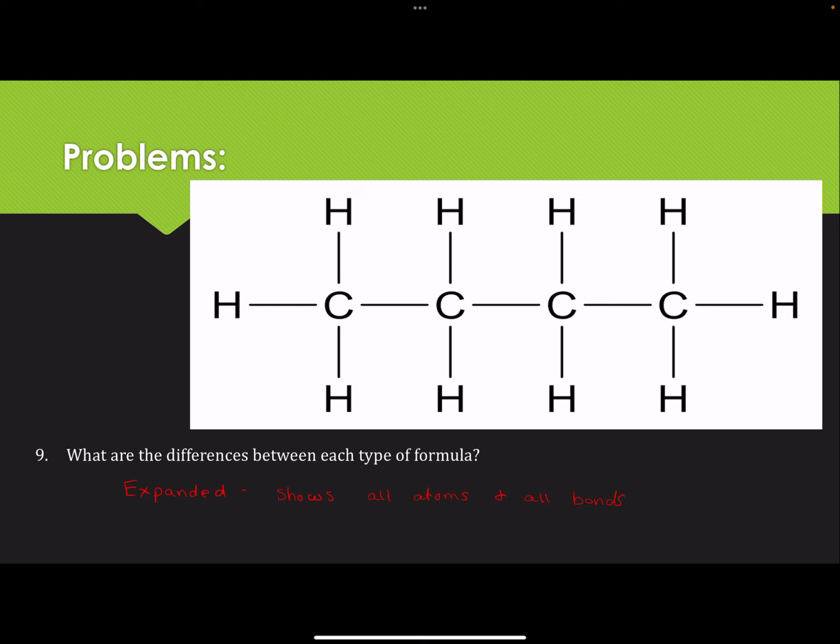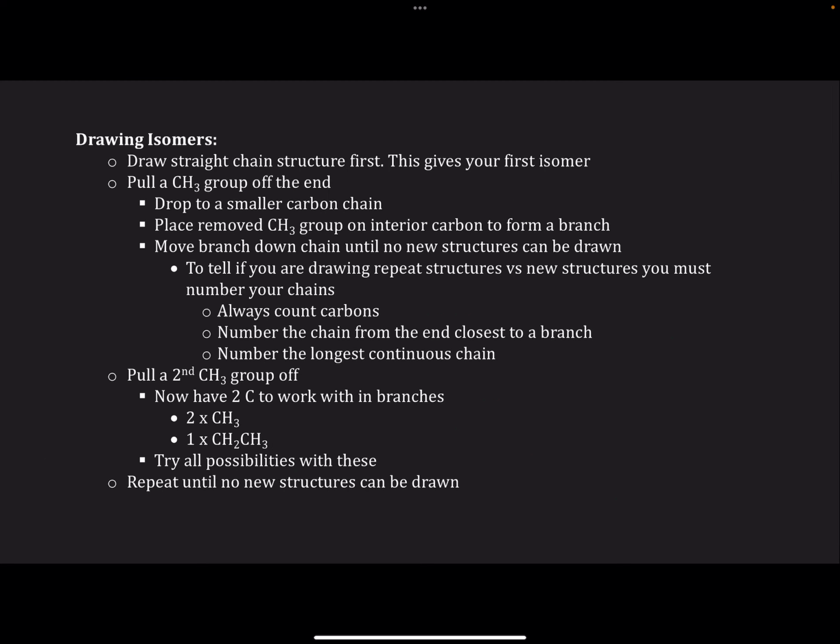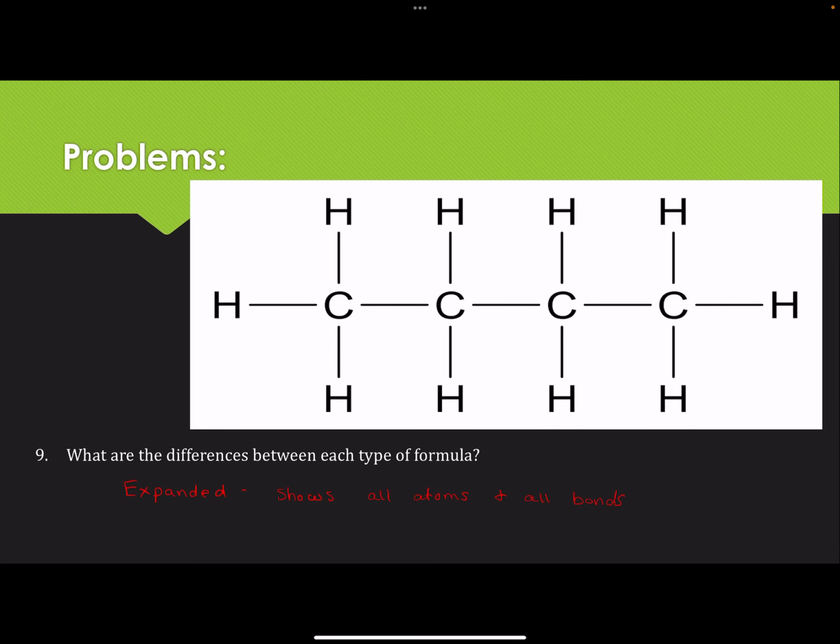So the structural formula is going to give us an idea of how our atoms are arranged. They're going to represent that arrangement and structure. But the expanded formula specifically shows all atoms and all bonds. Now, we also had our condensed formula.